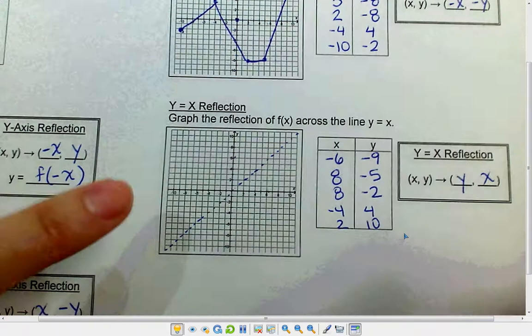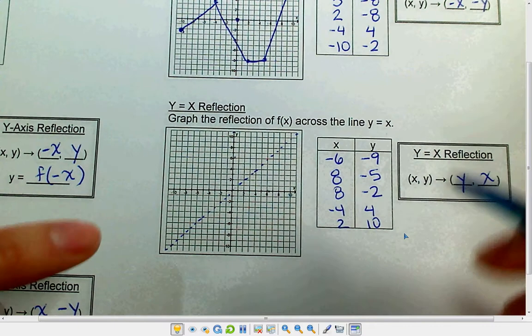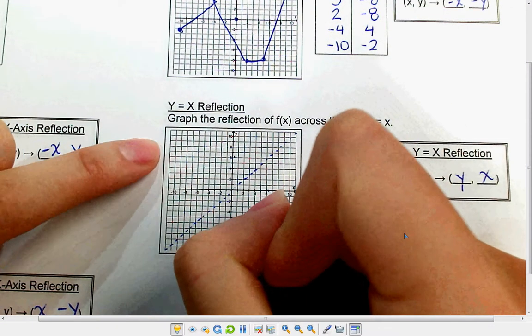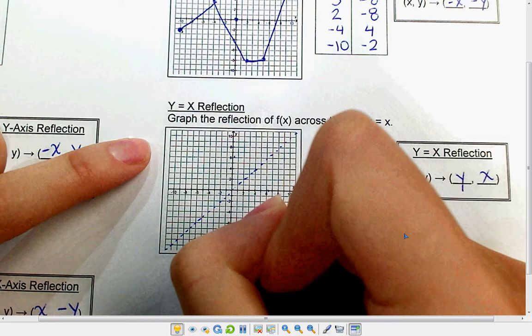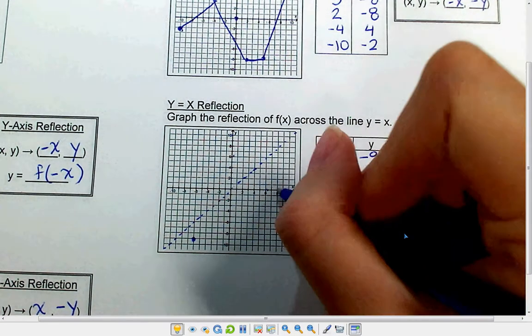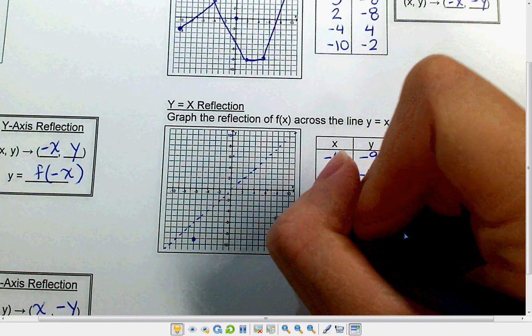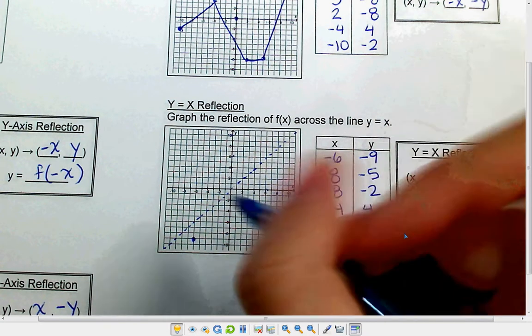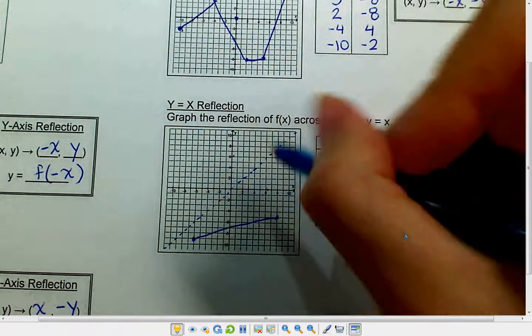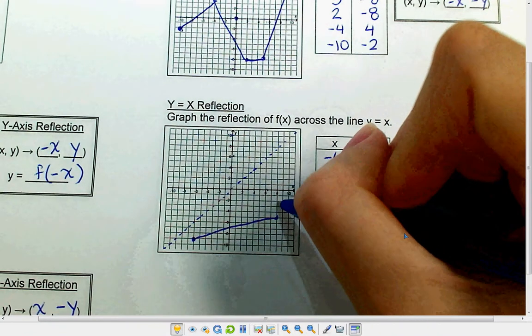And now let's graph this. So we have negative 6 is our x, negative 9 is our y. This is my first point. I have 8 is my x, negative 5 is my y. And I'm going to connect those. So now this is the first section of my graph. X is 8, y is negative 2.